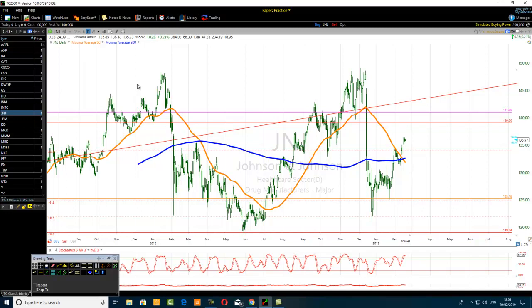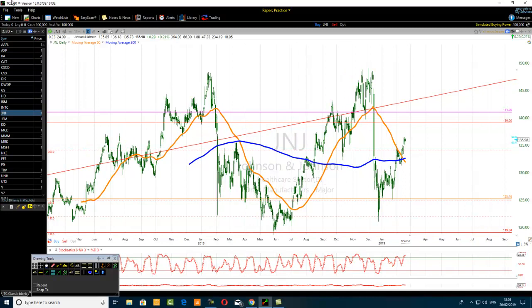Take for example the moving average 50 crossing above the moving average 200 on a daily chart. It is a warning that the bullish momentum is likely to increase, but it is not set in stone.